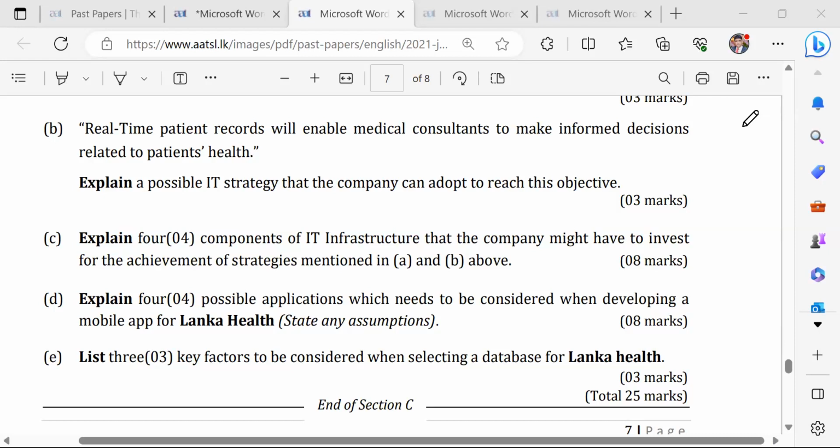Explain possible IT strategy that the company can adopt, with 3 marks. Then they can introduce electronic data transferring systems to submit their medical reports on time.